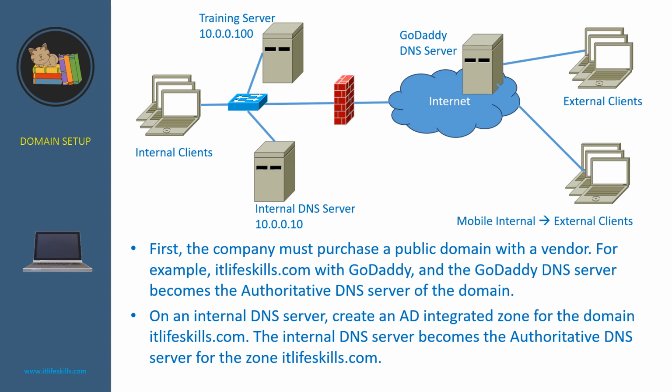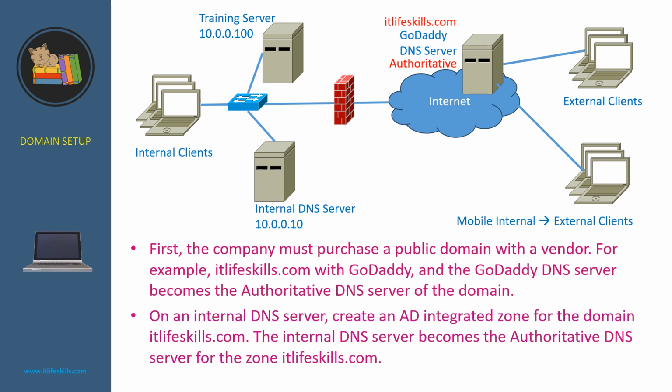To set up a domain for both external and internal uses, first the company must purchase a public domain with a vendor. For example, itlifeskills.com with GoDaddy, and the GoDaddy DNS server becomes the authoritative DNS server of the domain itlifeskills.com over the internet.